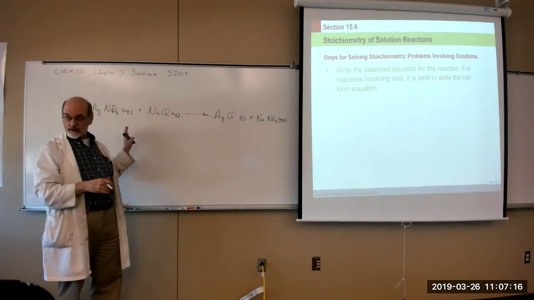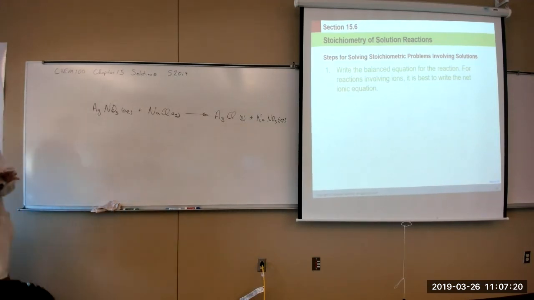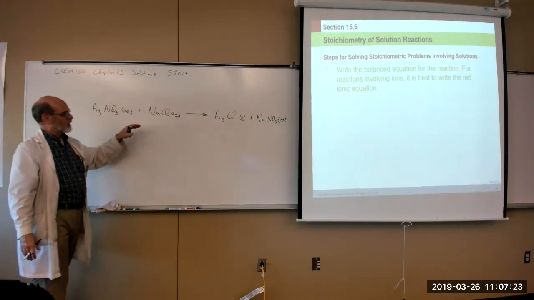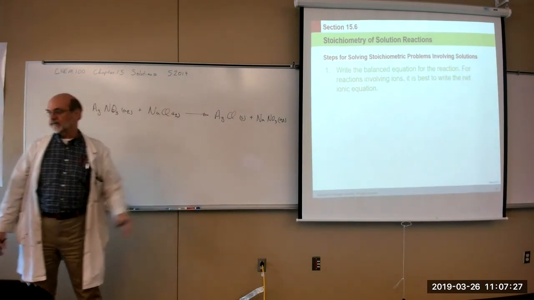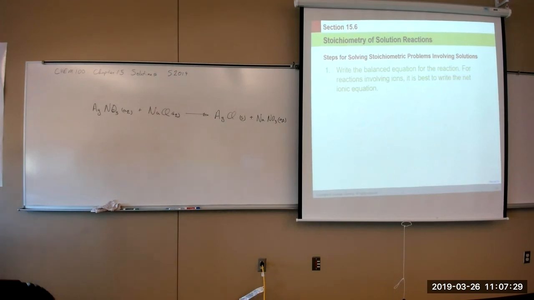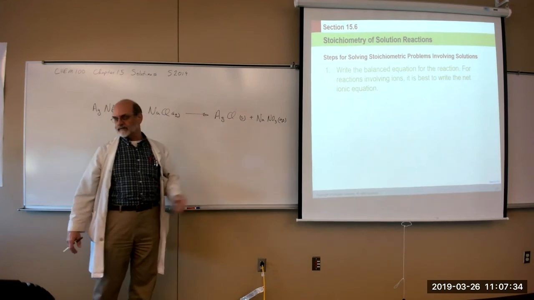Then we can say which one is limiting. So it's the same procedure. Once you've got moles, it doesn't matter where they came from. You can find out how much silver chloride you could produce as a solid.